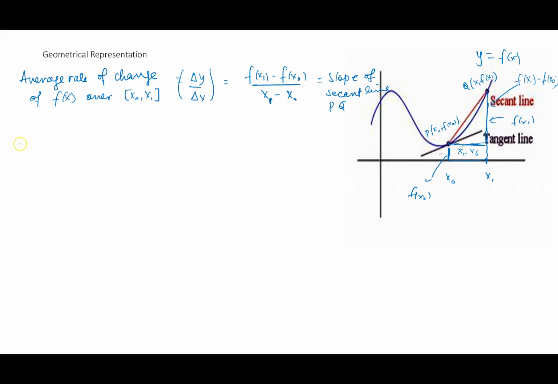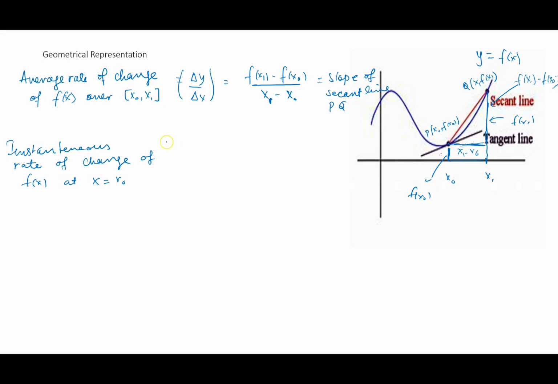So now the instantaneous rate of change of the function f of x at the value x equals x0.